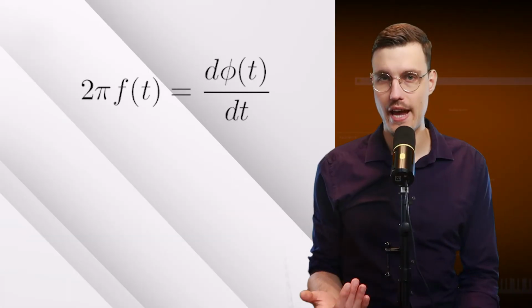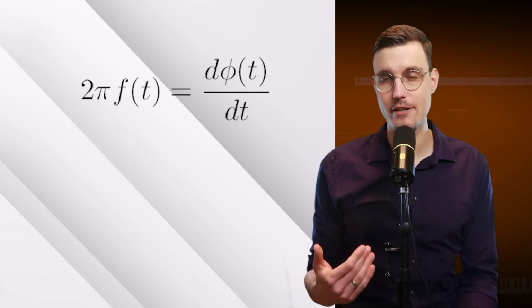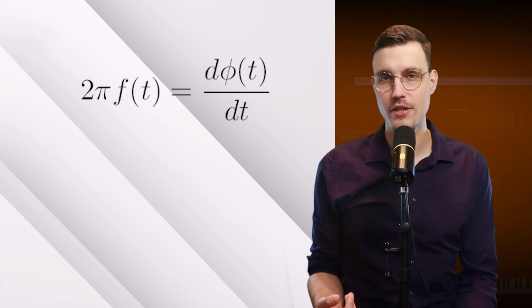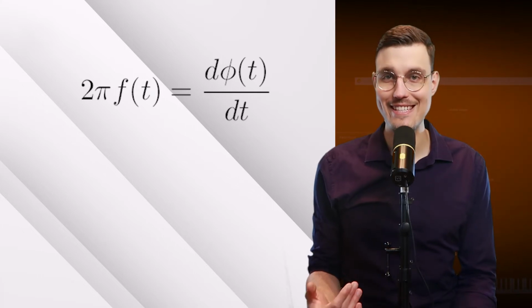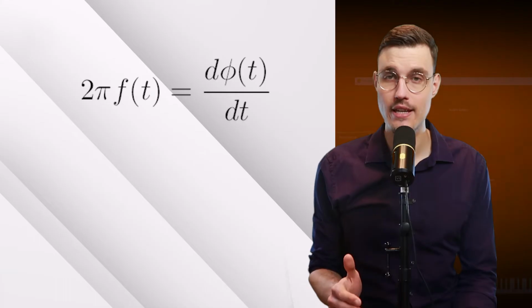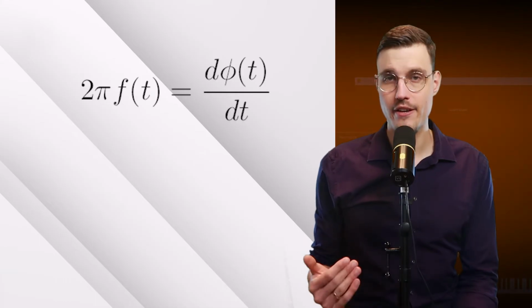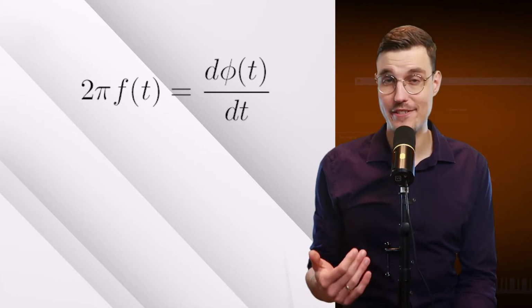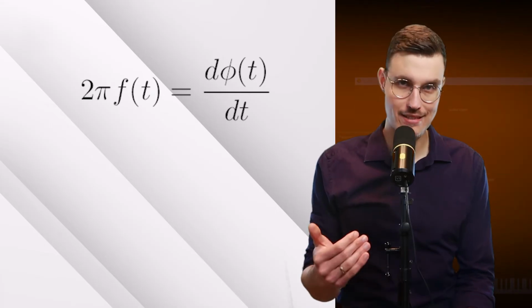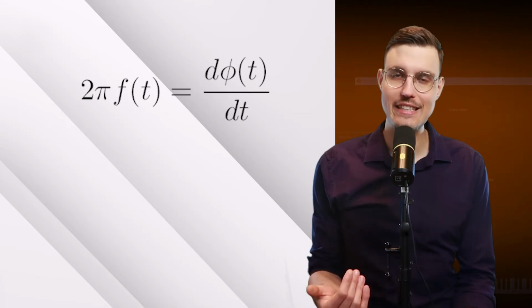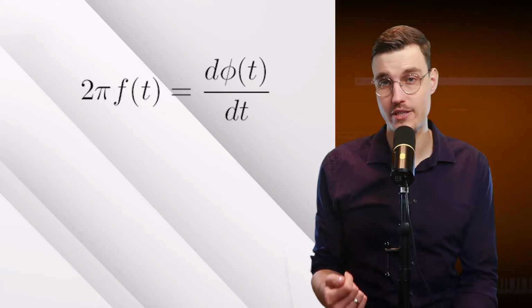Instead, we need to use the fact that angular frequency is the derivative of phase. Here, 2 pi f of t is the instantaneous angular frequency in radians per sample. Phi of t denotes the instantaneous phase at time instant t, and d over dt denotes the derivative of a function over time.